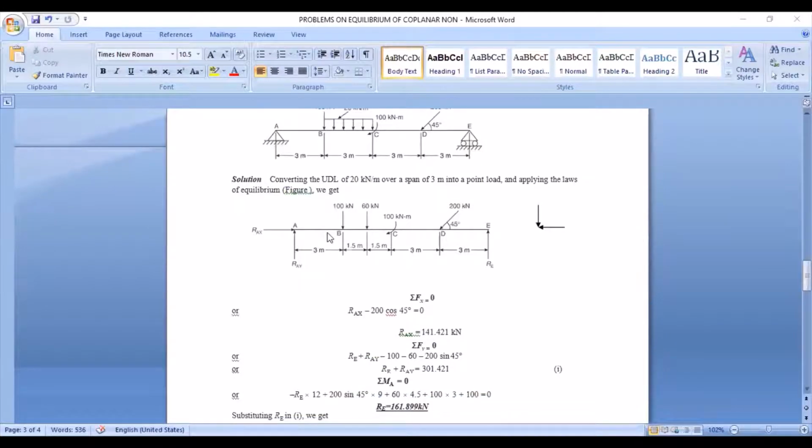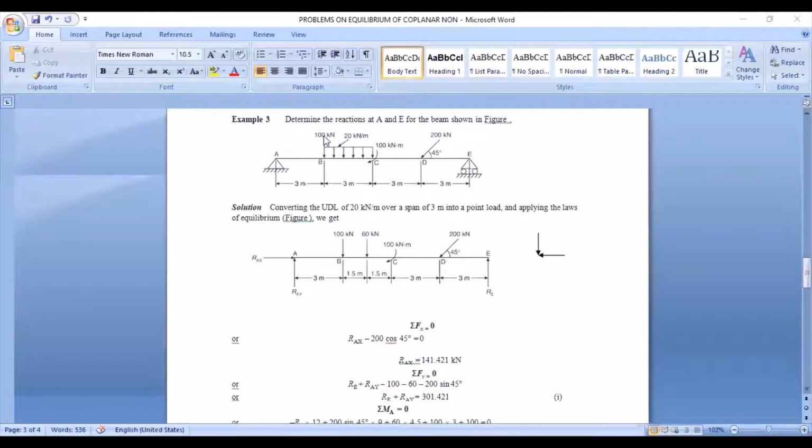As I told you, we have the first load, that is the 100 kilonewton vertical load acting at point B. The same thing is shown in the free body diagram, 100 kilonewton acting vertically downwards. Next we have a UDL of intensity 20 kilonewton per meter acting over a span of 3 meters.